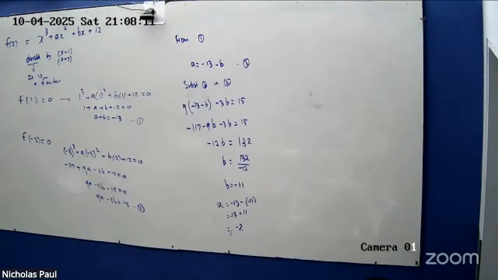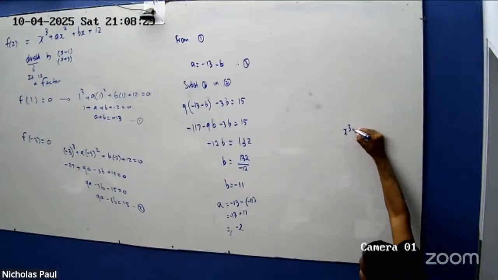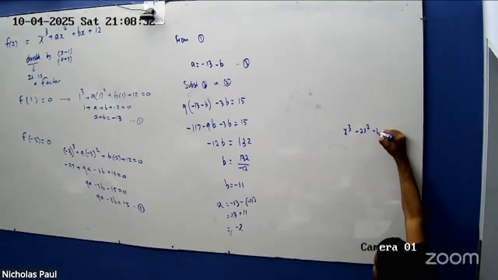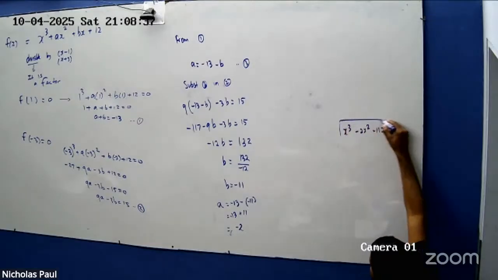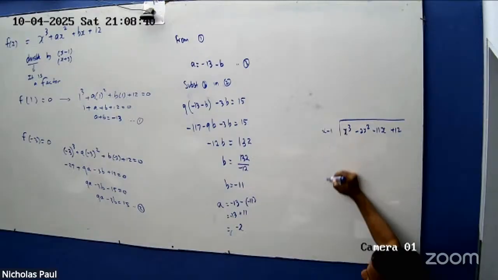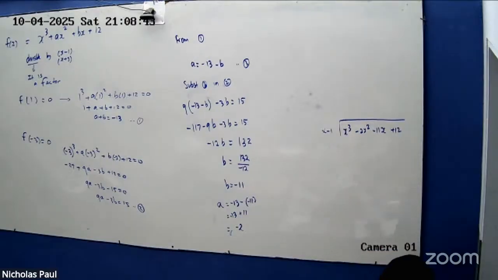Oh, that's one. Yeah, the whole equation, we were writing A. So the equation is now x cubed minus 2x squared minus 11x plus 12. And then you're going to long divide or synthetic, either one. It doesn't really matter, x plus 1 or x plus 3. But you have to long divide or use synthetic quickly and get the last factor.